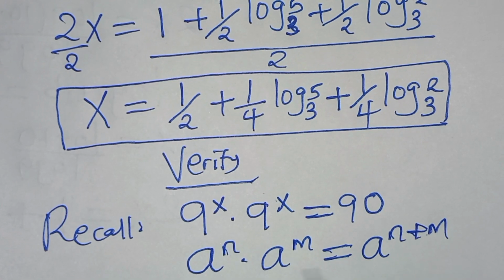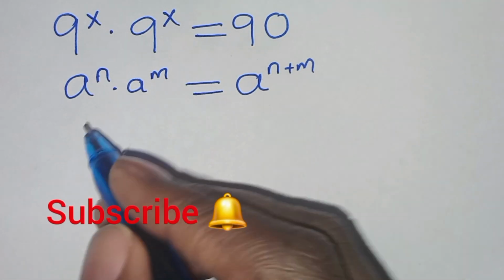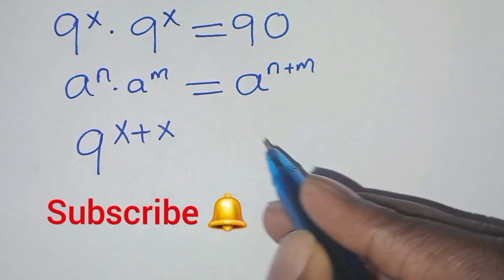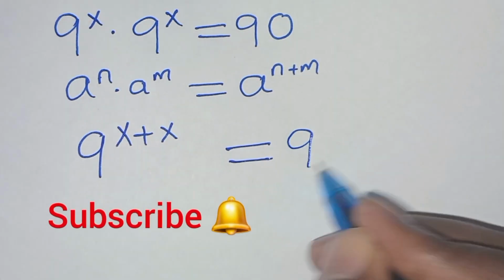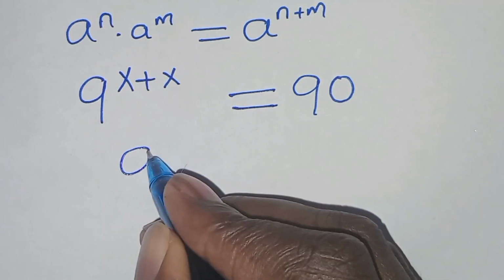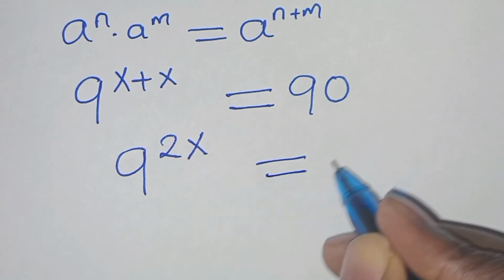Applying this exponent property, here we have 9 to the power x plus x, which is 2x, equal to 90.